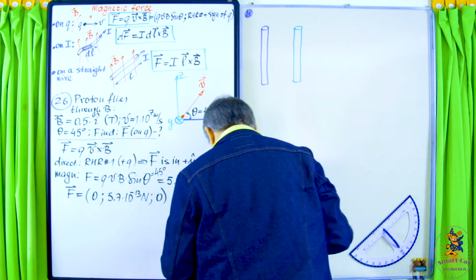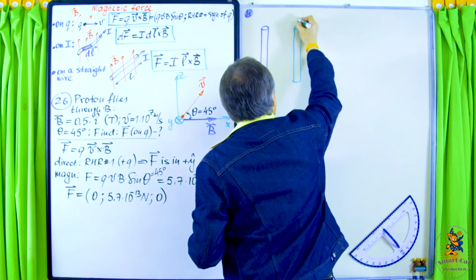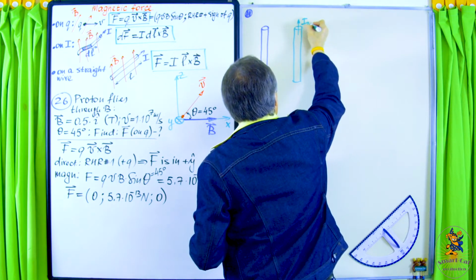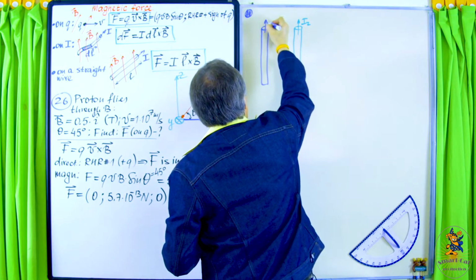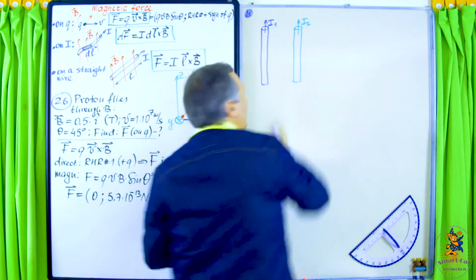And currents: this is I2, and this is I1. Numbers are not given.